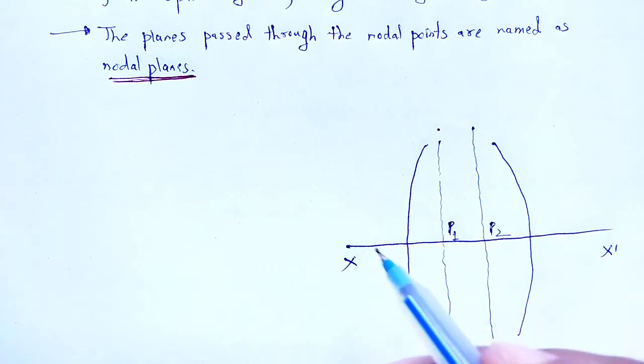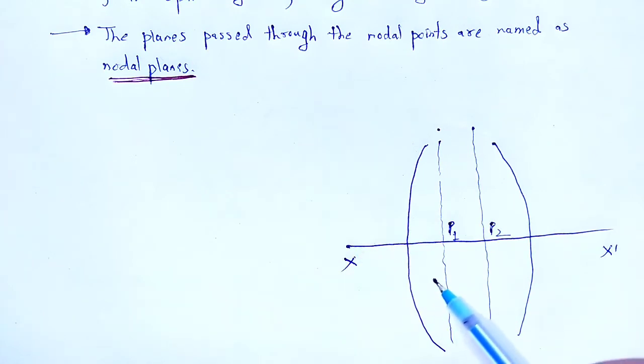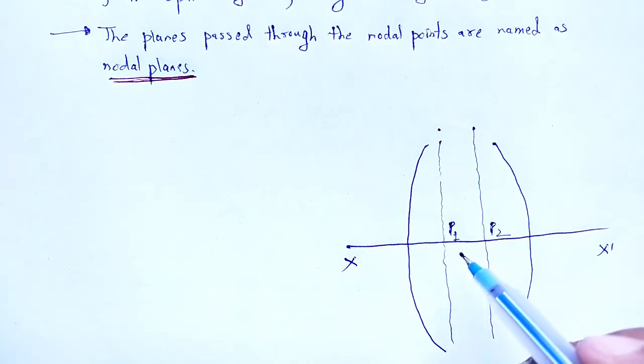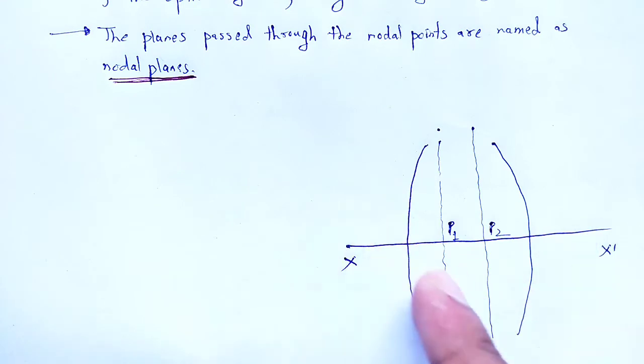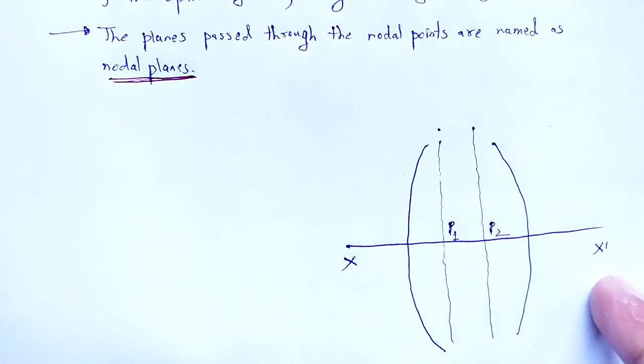An incident ray directed towards one nodal point emerges parallel to its original direction from the second nodal point.